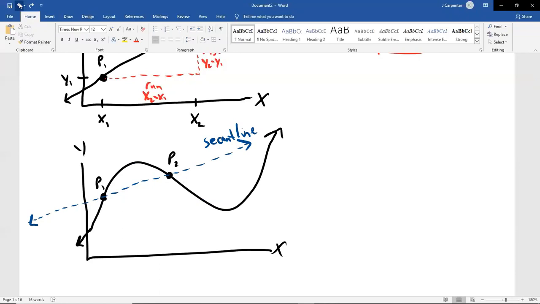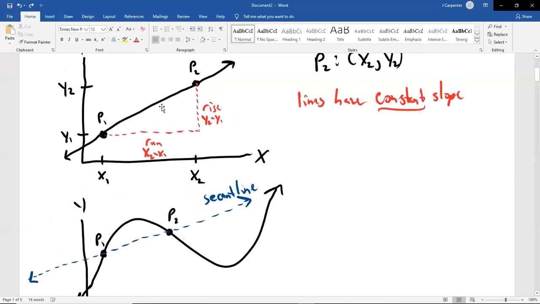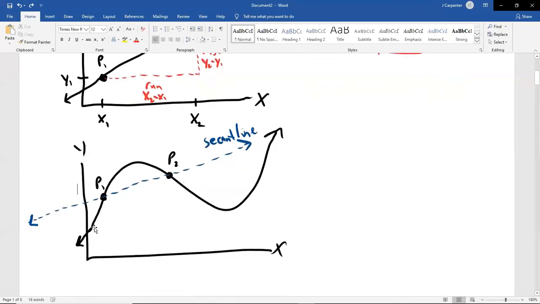Now, slope is a measure of steepness. Once again, this line has a constant steepness. It's always the same steepness or grade or slope or rate of change, no matter what you want to call that. They are all the same thing. This curve is bending. It's going up and then it's coming down and then it kind of flattens out and then it goes back up, and it could be doing a bunch of different things after that.